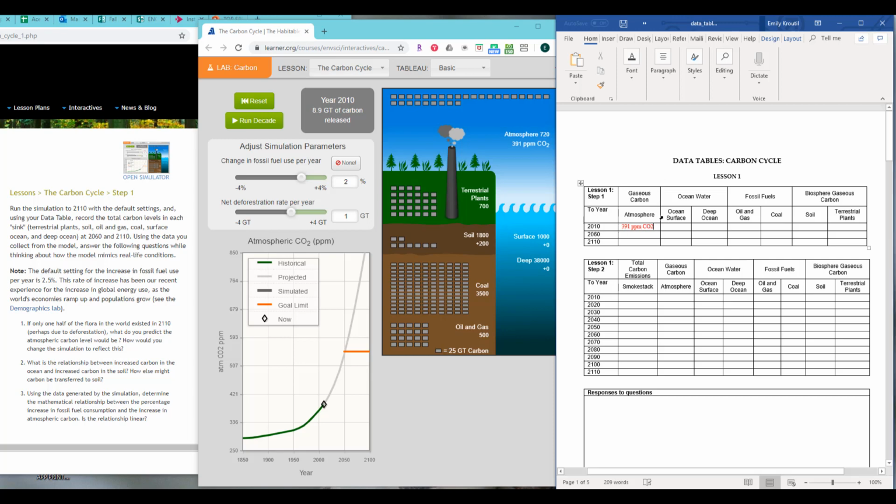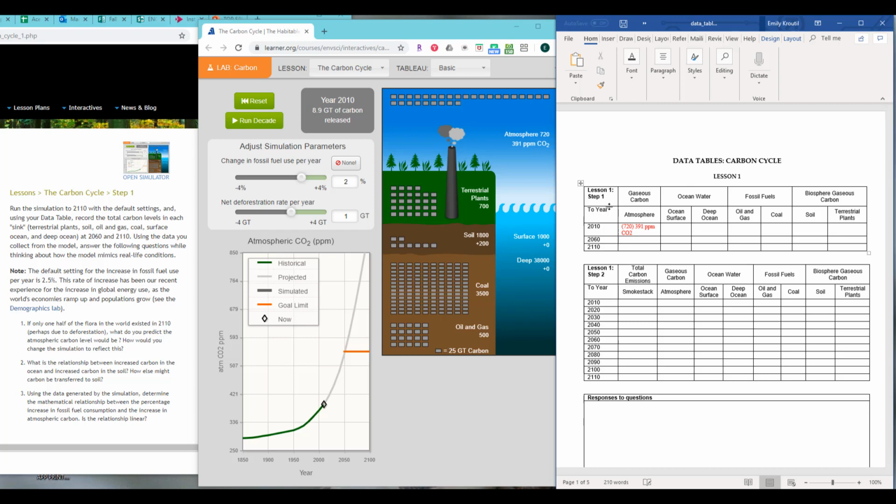I'm going to write it like this just for now, and then I can always erase that later, but I can't get it back. So for the surface, I'm going to put 1,000 plus 0. For the deep ocean, I'll put 38,000 plus 0.